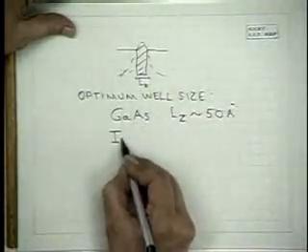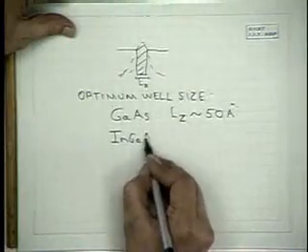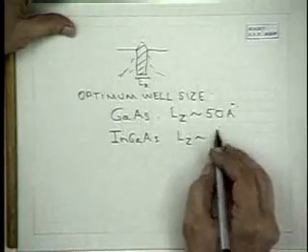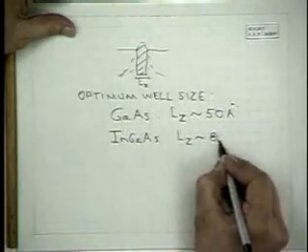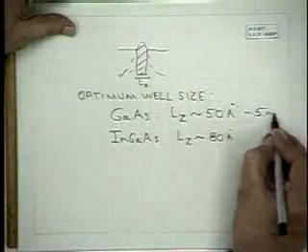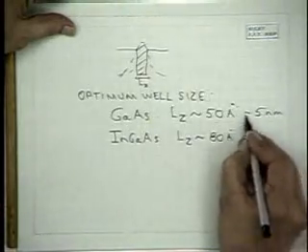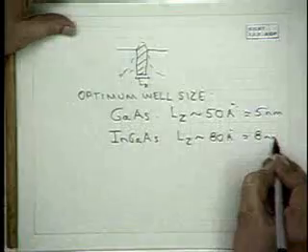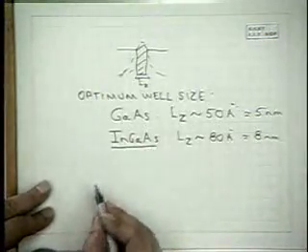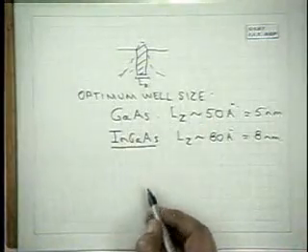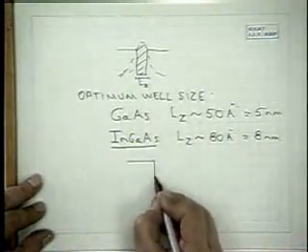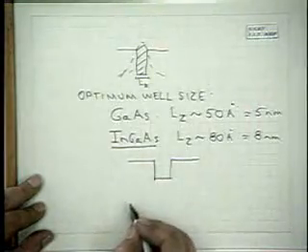For indium gallium arsenide wells, Lz is of the order of 80 angstroms. So 5 nanometers and 8 nanometers. And we mentioned that the other system, apart from the GaAs-AlGaAs system that I've talked about, is the InGaAs indium phosphide system.